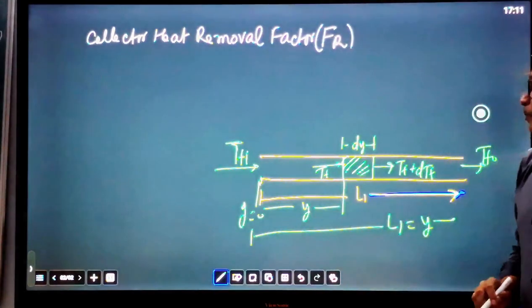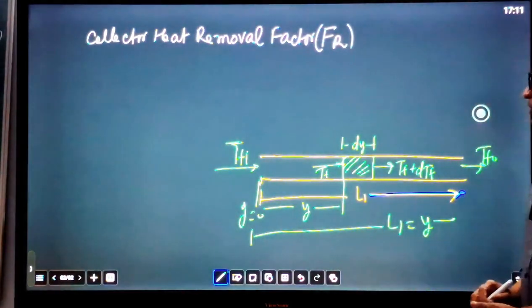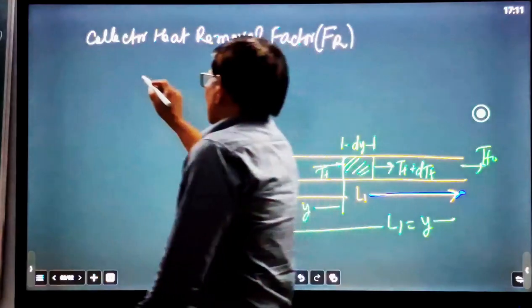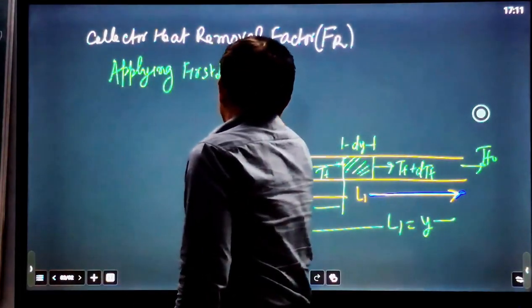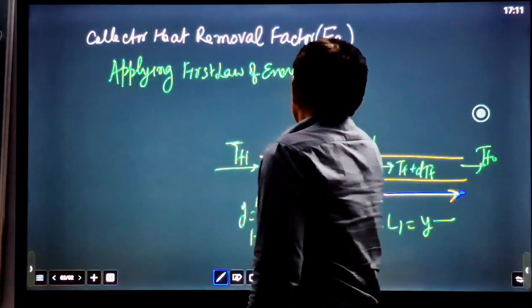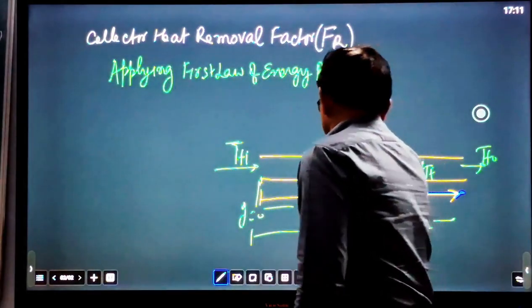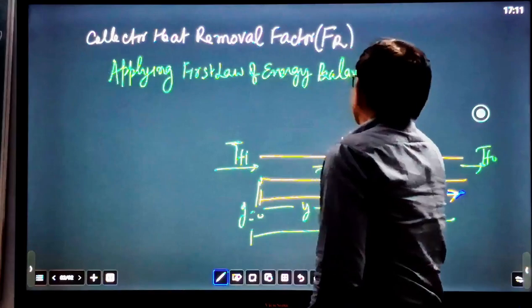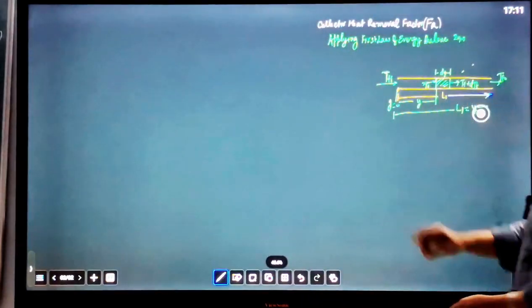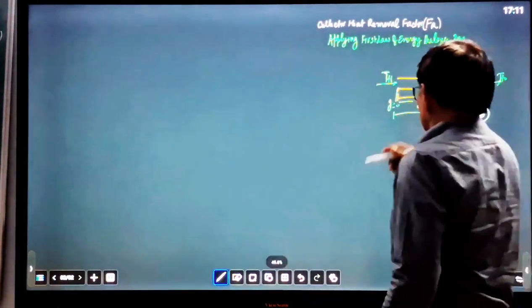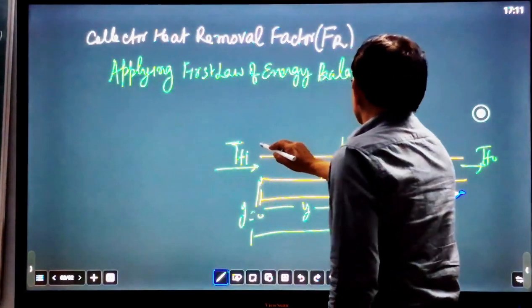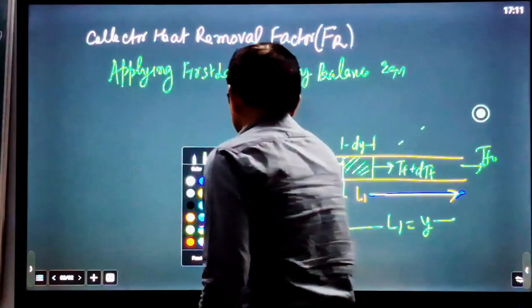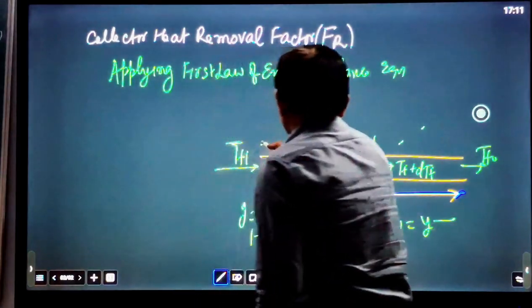So we apply the first law energy balance equation, and we see that the graph of temperature variation along the tube will be like this.